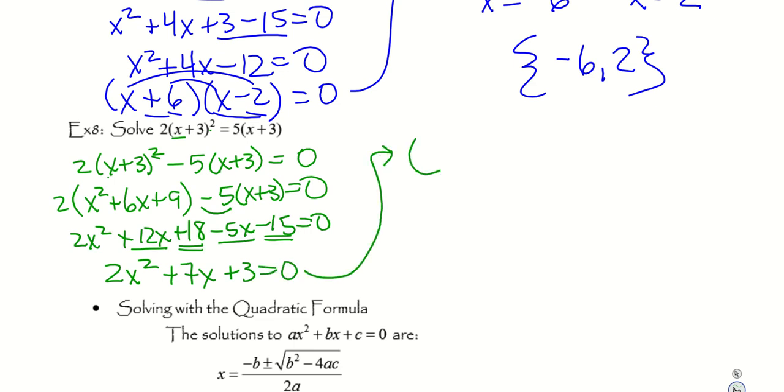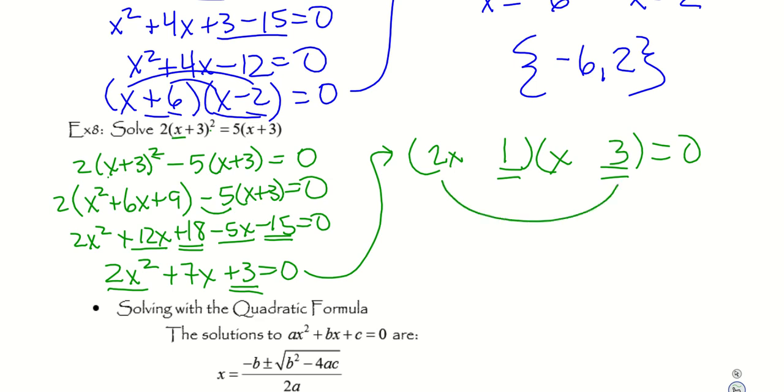I want to factor that if I can. So I would need 2x and x to multiply together to give me 2x squared. I would need 1 and 3 to multiply to give me 3. So if I put the 1 here and the 3 here, then my outers give me 6x, my inners give me 1x, and if I make those both positive, then my last multiply to give me positive 3, and my outers and inners combine to give me positive 7x.